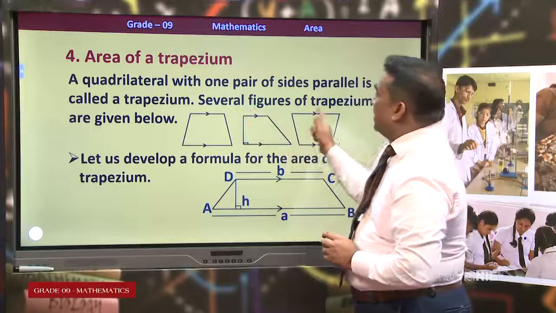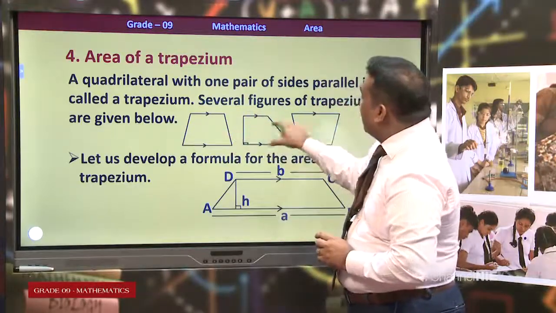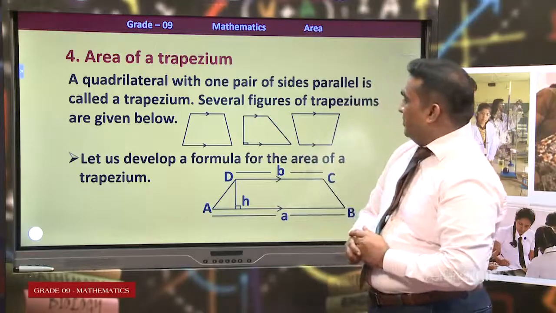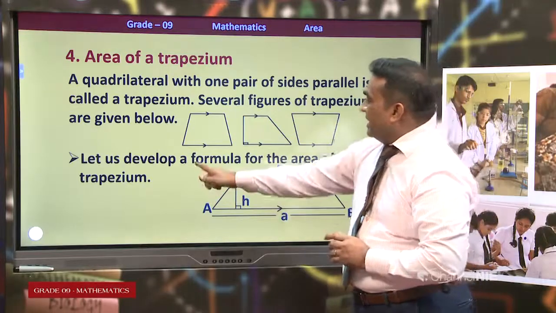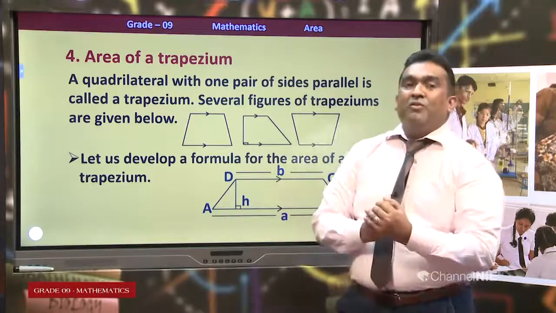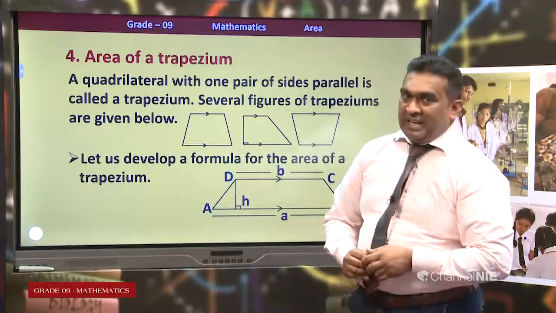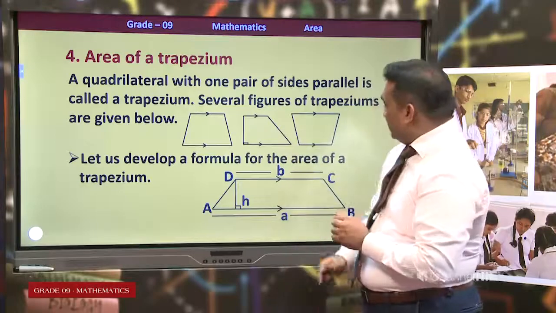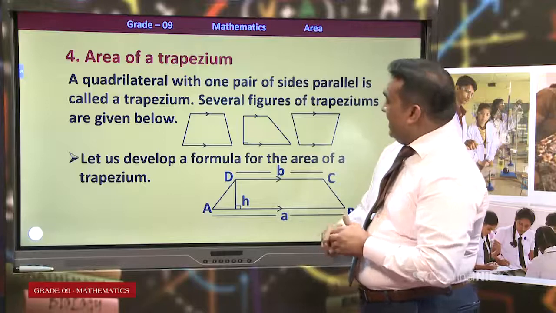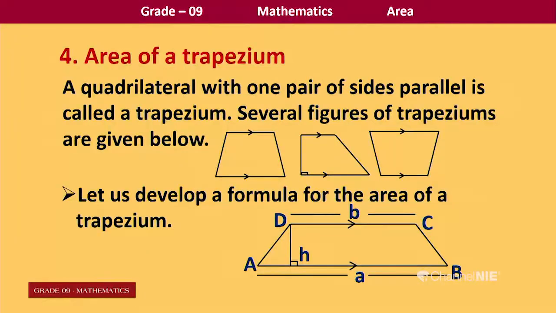Several figures of trapeziums are given below. You can see different trapeziums. Let us develop a formula for the area of a trapezium. Now we want to find out the area of a trapezium. Here also we consider AB and DC are parallel lines.